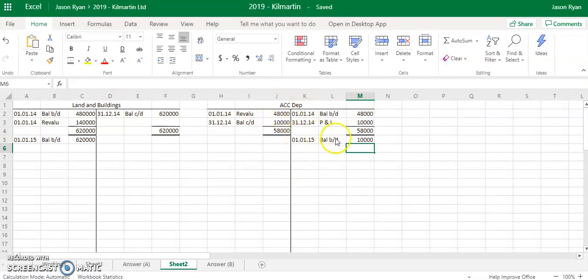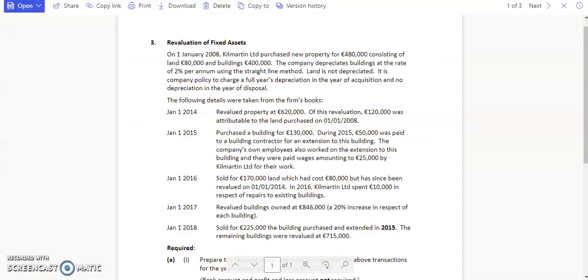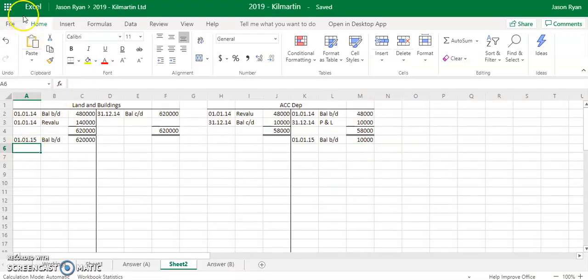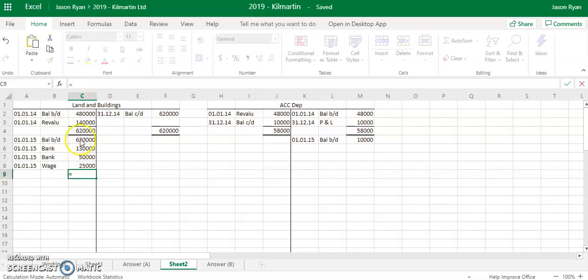Okay, so we've balanced off this account and brought down the balance to the next date. So what happened next then? On the 1st of the 1st 2015 we purchased. So we'll go in something like this. The bank that we paid was 130,000. We paid a contractor 50,000, wages then 250. So all these then are added up.